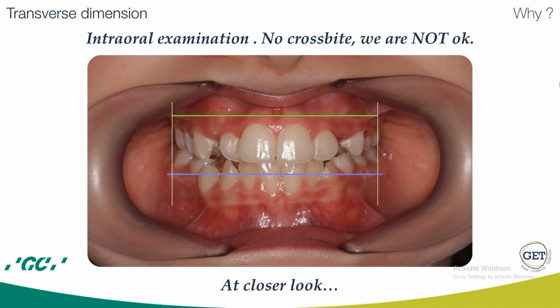If you take a more careful look at your patients from the front and you look at the transverse dimension, sometimes you will ask yourself, is everything okay there? Or maybe there is a problem.